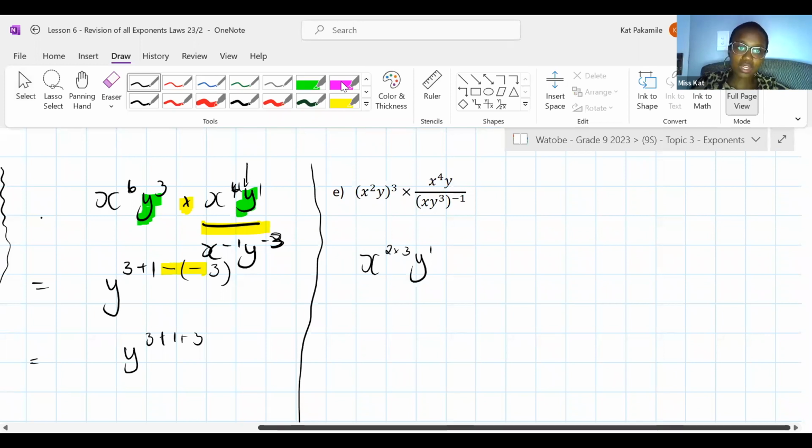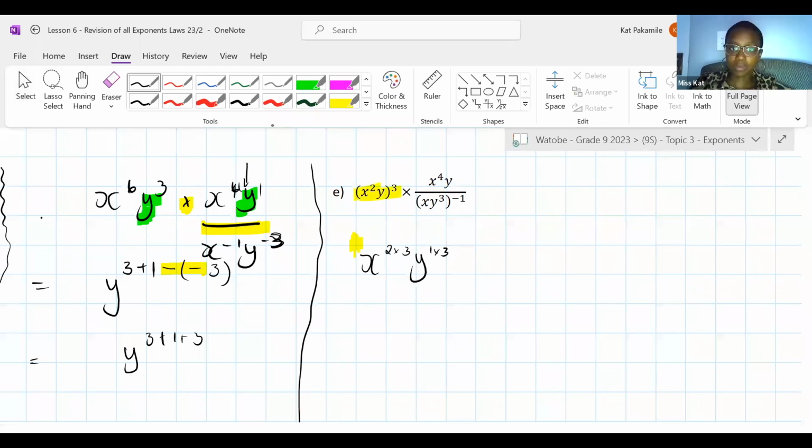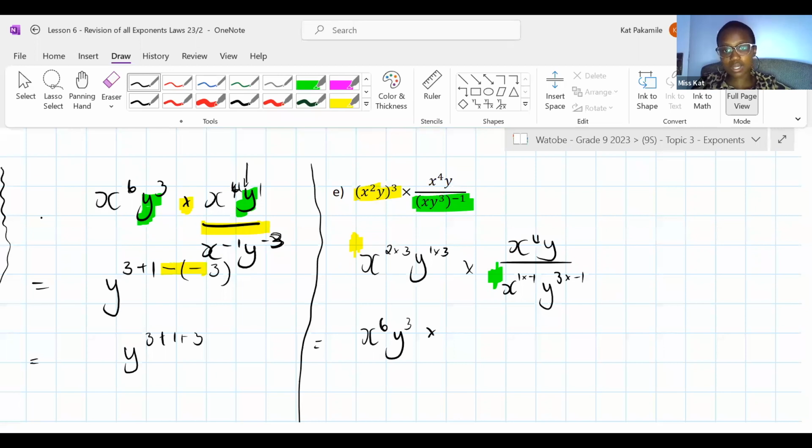Then let's distribute the other bracket: x^(1 times -1) because there was already a 1 there, y^(3 times -1). This will give us x^6 y^3 times x^4 y over x^-1 y^-3.